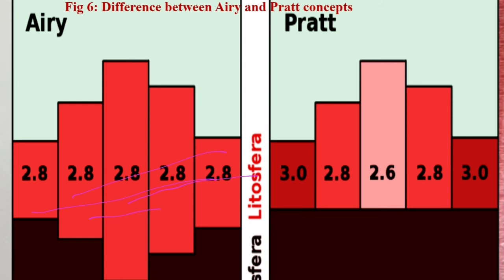Now, the isostatic adjustments on the surface of the earth. It is quite apparent that there is no complete isostatic balance over the globe. Endogenetic forces often disturb the crustal balancing.